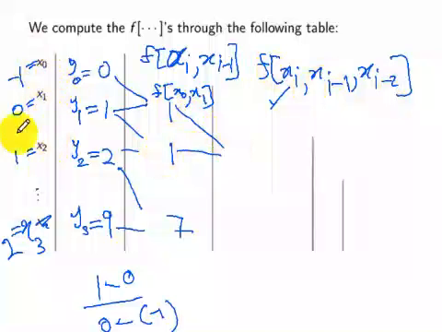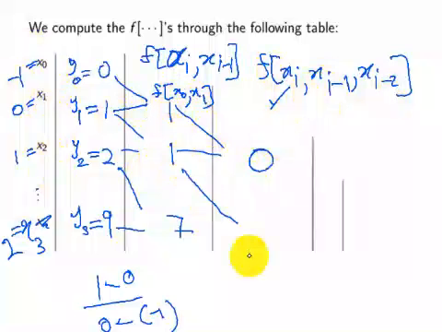Take the difference between these two values, which is 0. Here 0. You don't have to think about the denominator of that, because this difference is 0.